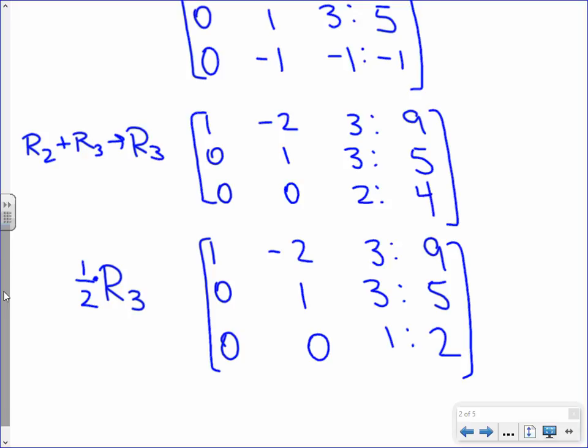You could put 0, 0, 0, 0, but it's not going to help you get it into row echelon form. So you may come across a problem in your book where you have 3 variables but only 2 equations. That's not enough to be able to solve for all 3 variables. You would call that an inconsistent system. So when we answer it, we just write inconsistent?